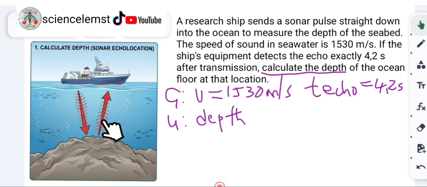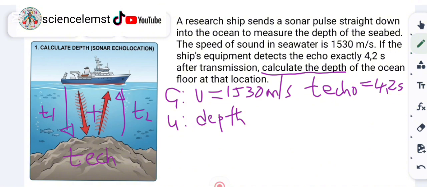So the moment this sound reaches their ears, the time would have been 4.2 seconds. Meaning, the time it went down, T1, plus the time it went up, T2. That gives me the time for the echo, which is 4.2 seconds.